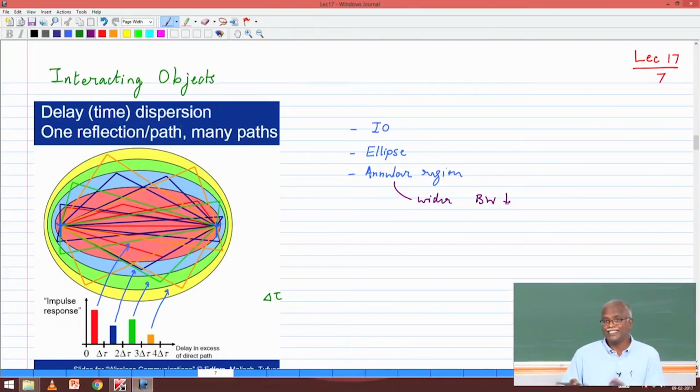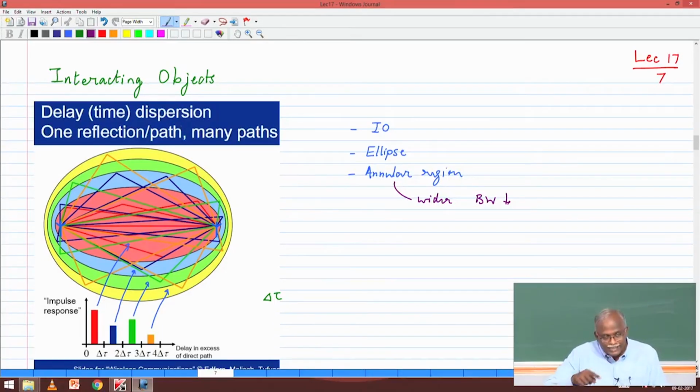Why? When bandwidth decreases, my time resolution becomes worse, so I cannot tell the difference, and the annular region becomes wider.